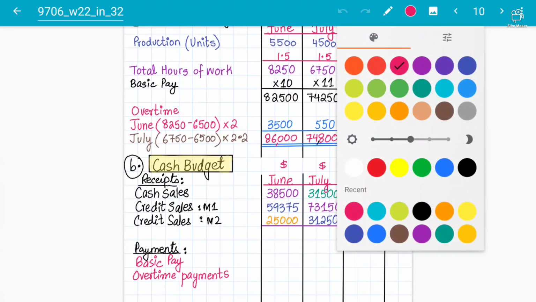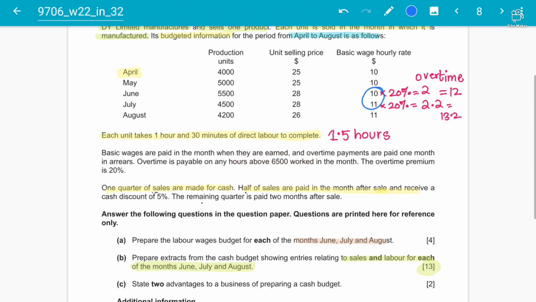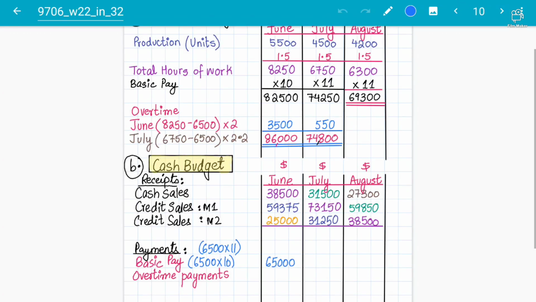So for June, the basic pay will be 6,500 hours worked at the rate of $10, so you can write down that June's basic payment will be $65,000. July will be 6,500 hours worked, but at the rate of $11 for July, because you need to be careful about the rate. This is the basic wage hourly rate, so multiplying 6,500 by 11 gives 71,500.